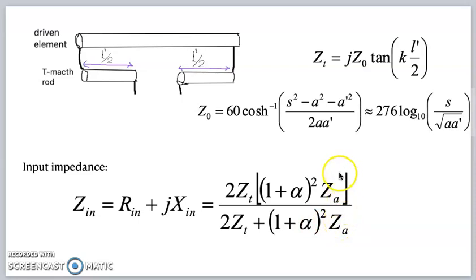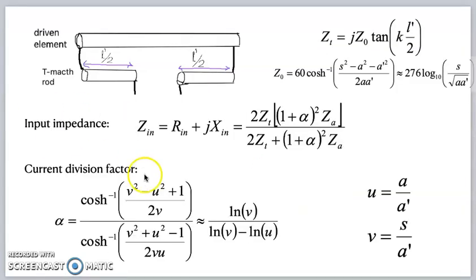So you already have your ZT, you already have Z0, and then you have ZA also. Now the problem is how to find alpha. Alpha basically comes from cosh inverse of V and so on, equivalent to ln V over ln V minus ln U. Ln is the natural log, so in your calculator you can see this function.